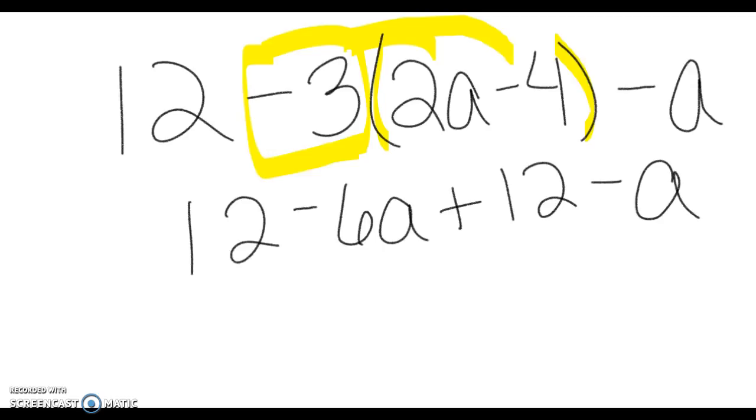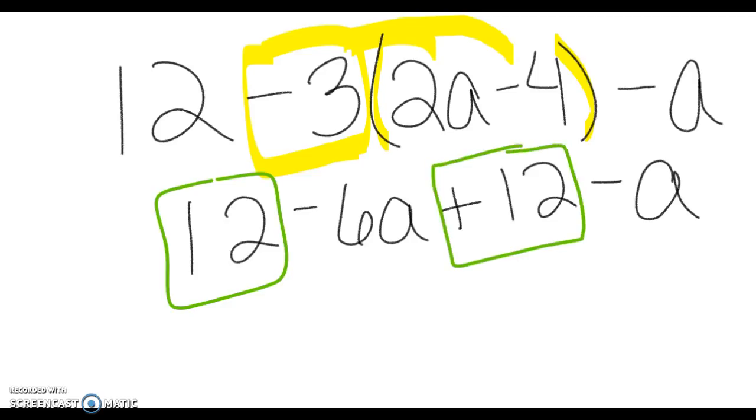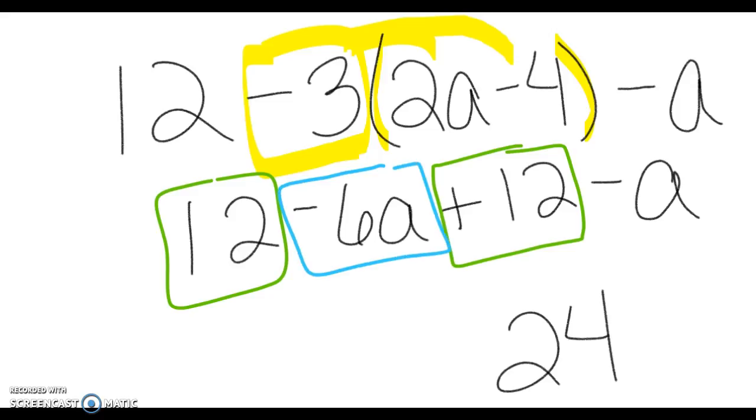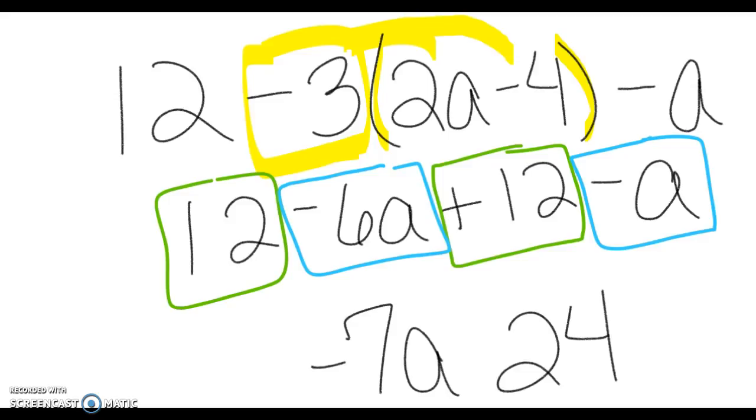Now I can go through and combine like terms. Constant, constant, both positive, same signs, add and keep. So 12 plus 12 is 24. -6a, -1a, -7a.